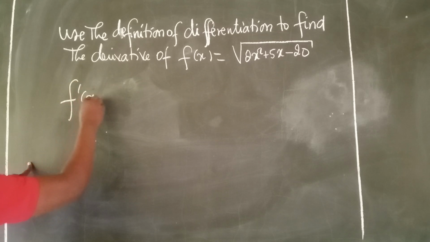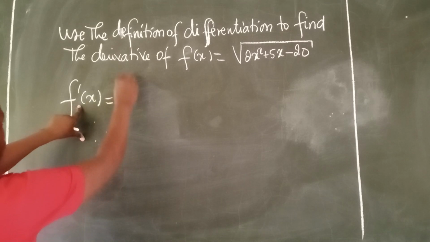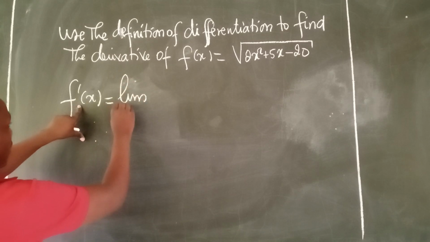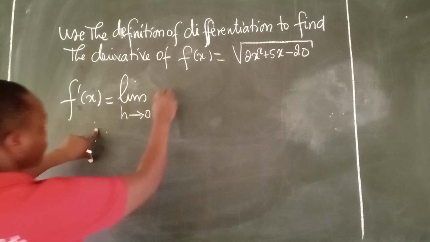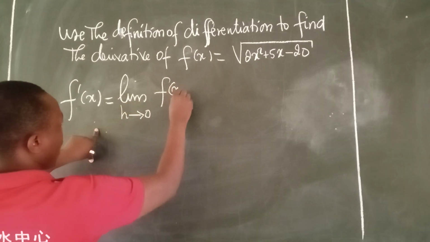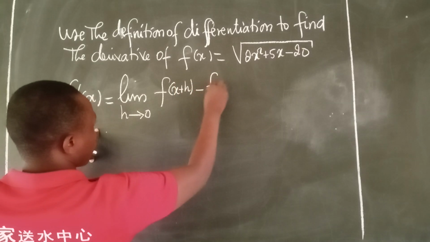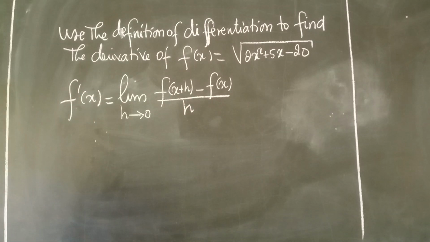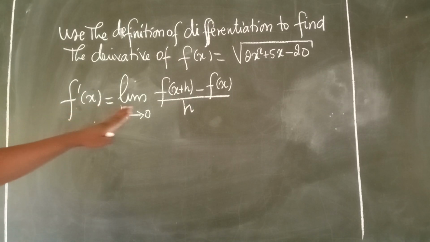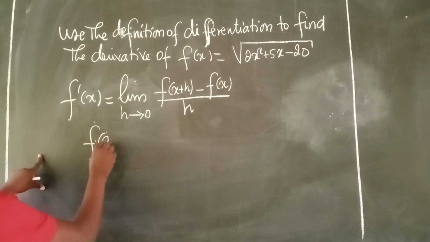Using the definition of the derivative, the derivative of f of x is equal to a limit where h is very small, tends to 0, of f of x plus h minus f of x over h.